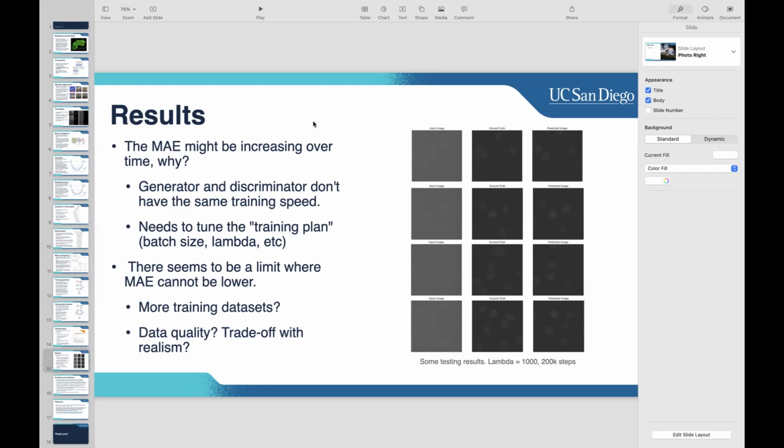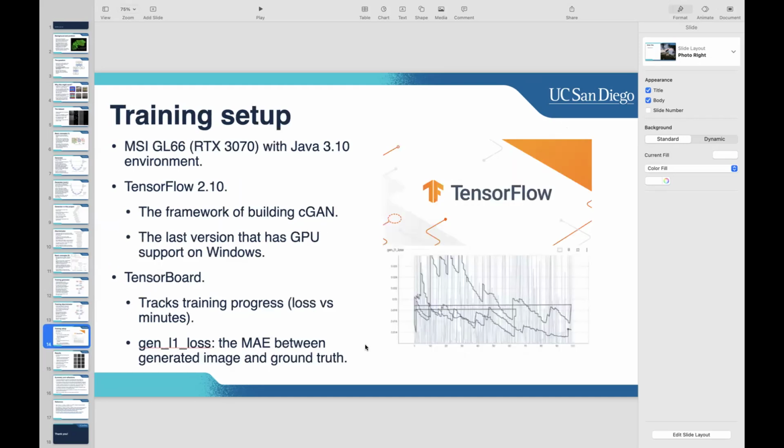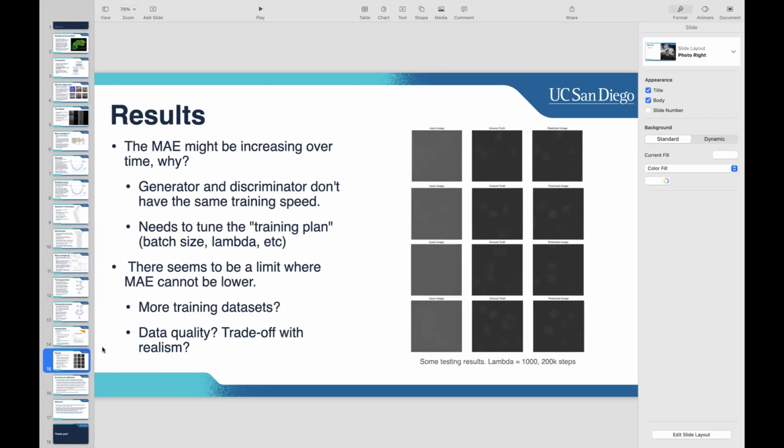Okay. So the MAE might be increasing over time, not decreasing. You guys can see this, right? The MAE actually might increase over time. Yeah, it's not always decreasing. That's because the generator and the discriminator don't have the same training speed.